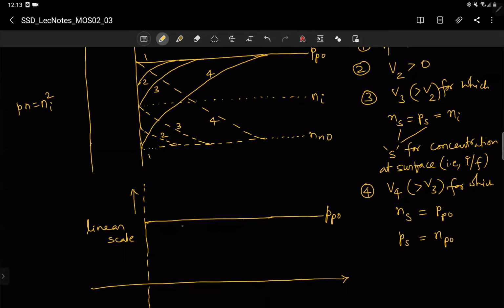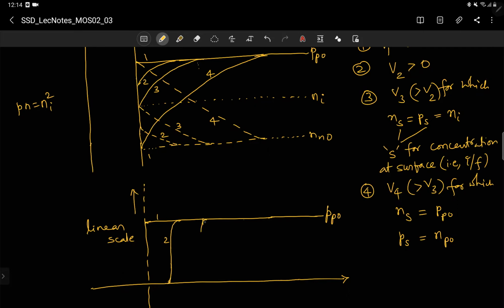So I should start here, and I should drop it quite quickly, because you know that concentration rapidly falls in the range of the Debye length. Then this is 2, this is 1, and 3 means I should start from here. So this is where the hole concentration started coming down.